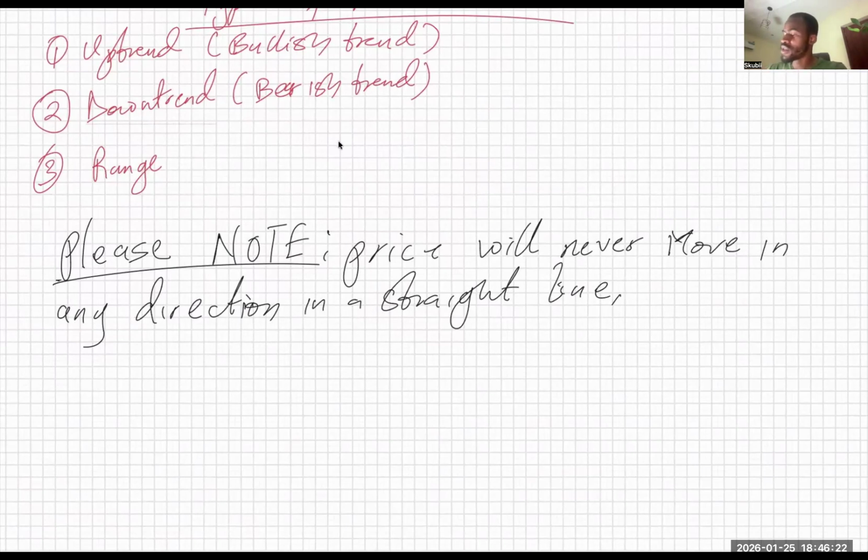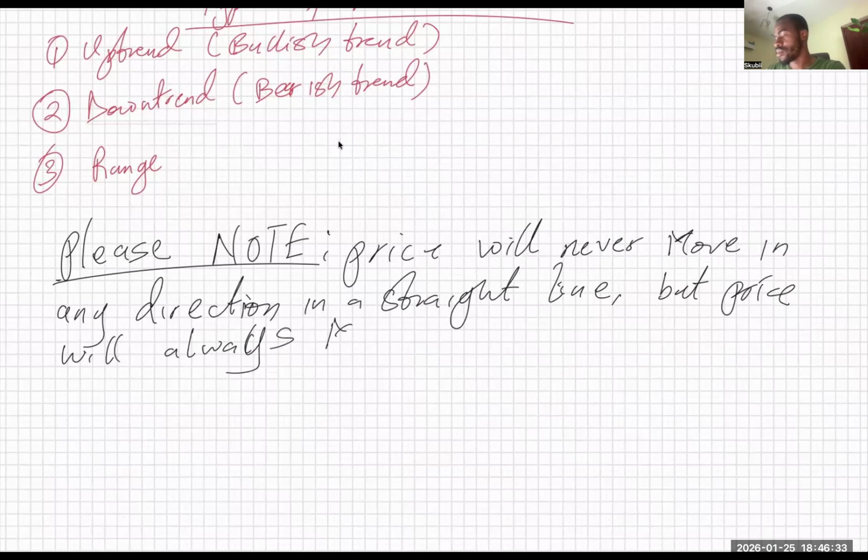But price will always move in series of impulsive moves and retracements.